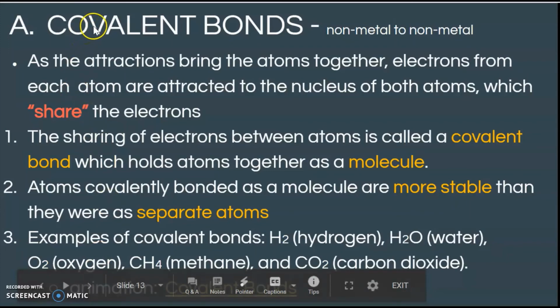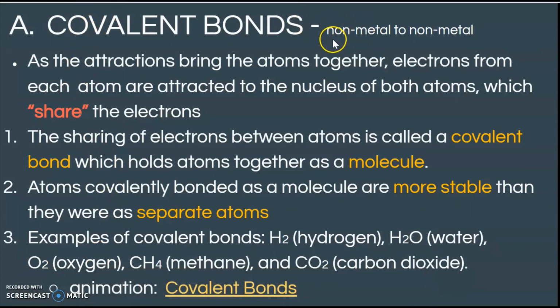One kind of bond is called a covalent bond. These are bonds between two nonmetals, so two oxygen or carbon dioxide, two things that are both not metal. Nonmetal to nonmetal, covalent bond. So as attractions bring the atoms together, electrons from each of the atoms are attracted, because remember, electrons have a negative charge. They're attracted to the positive nucleus, both the positiveness of their own nucleus that kind of holds them in, but then also they get attracted to the nucleus of another atom.